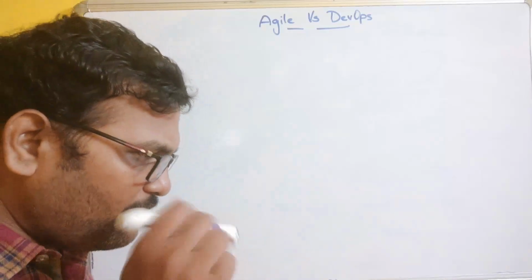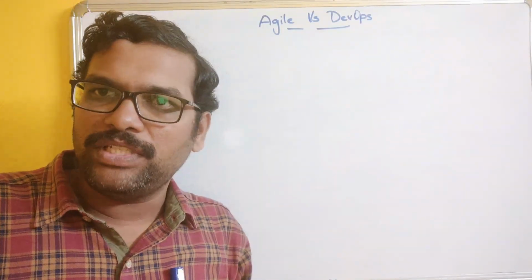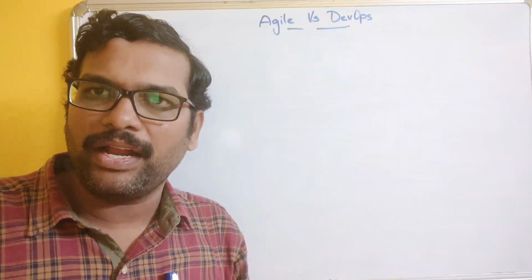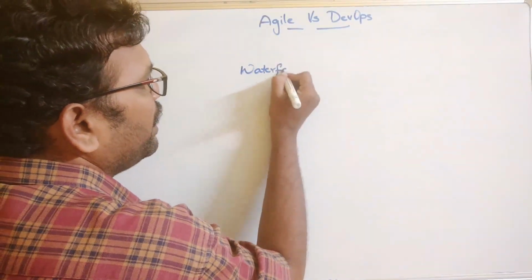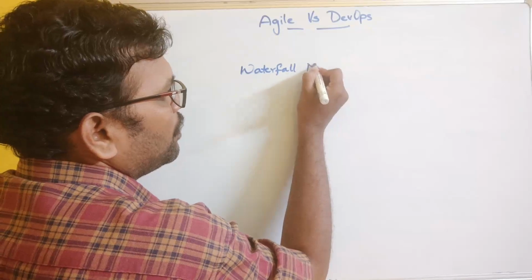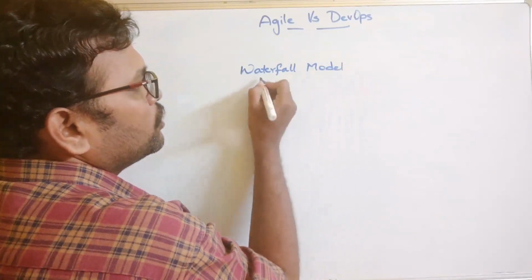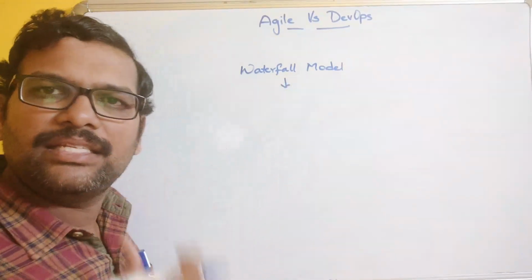The conventional process model which is used for software development is the Waterfall model. It's a famous model, right? Waterfall process model. There are some drawbacks in this Waterfall model.